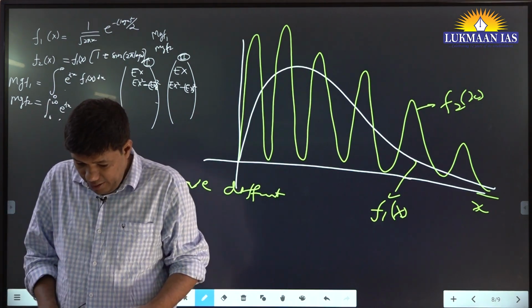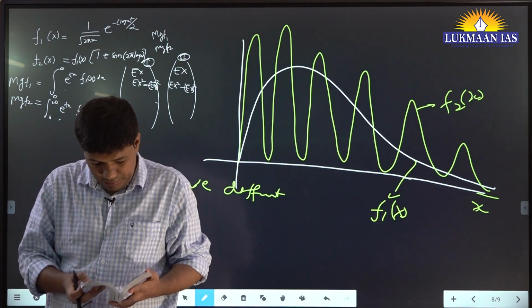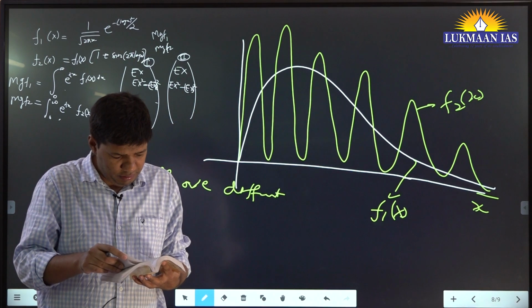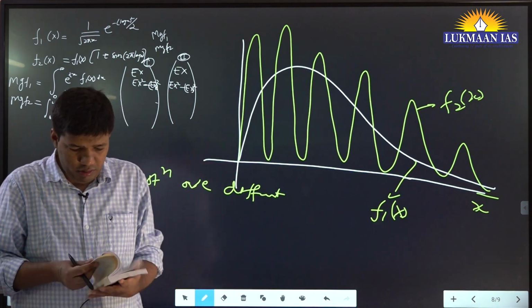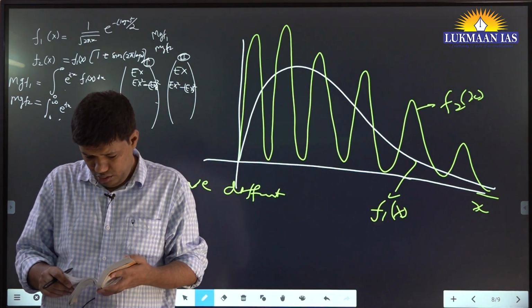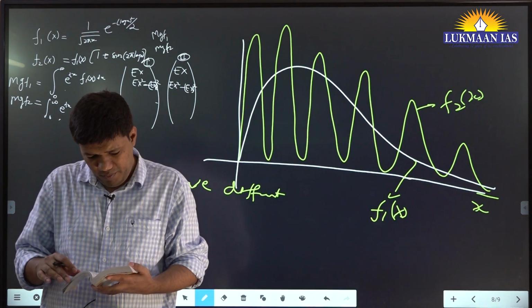Let me see a PYQ. Probability, previous year's question. In recent year, this is the decision support system, aggregate plan distribution.